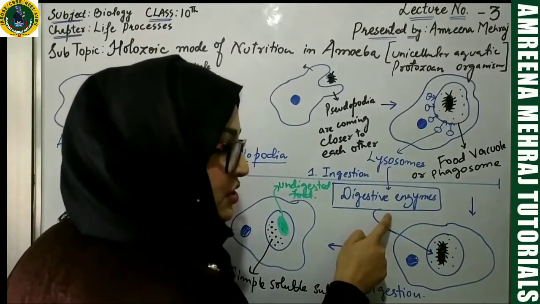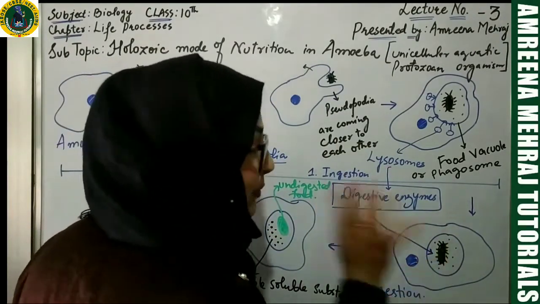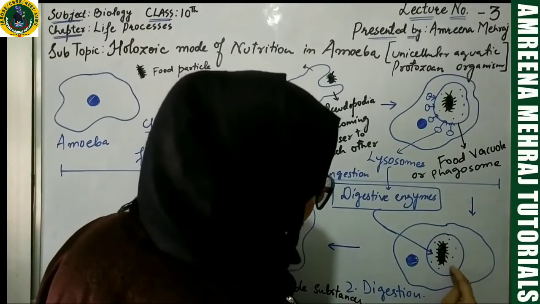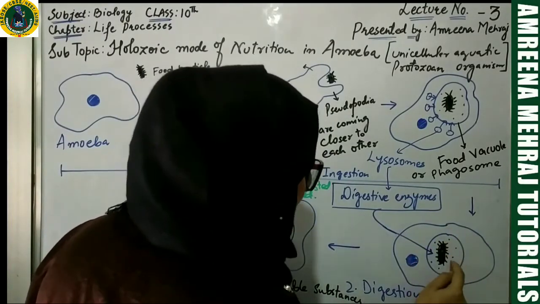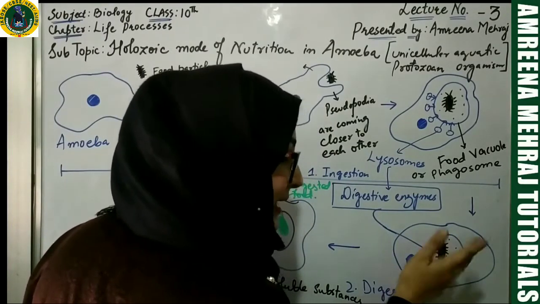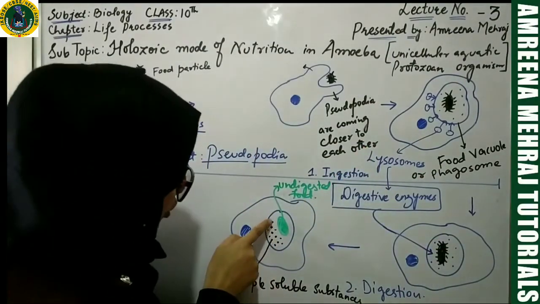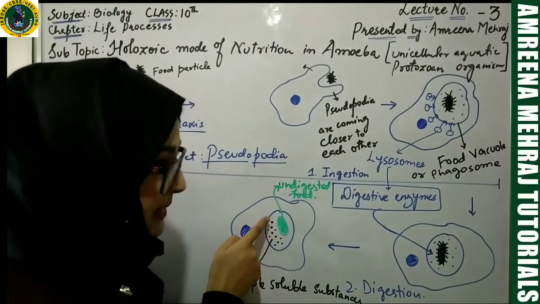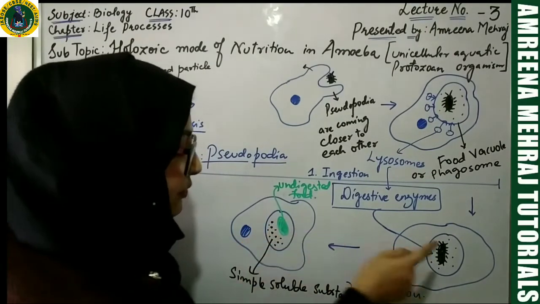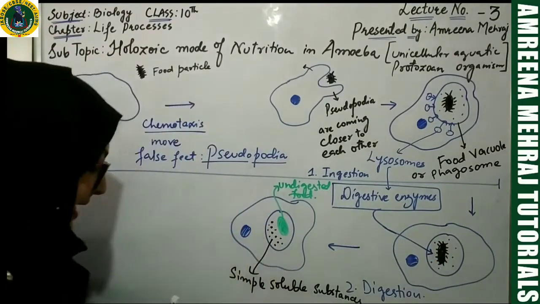These enzymes will digest the food particle. So these blue dots represent the enzymes. They start acting upon the food particle and break it down. Then you will have these simple soluble substances and a part of the food particle will remain undigested.